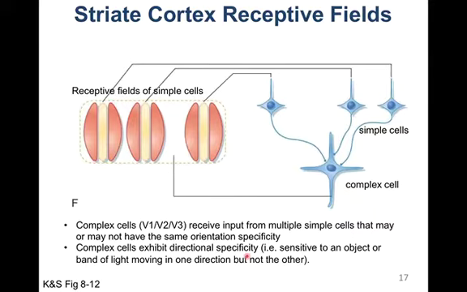So rather than just a horizontal bar of light, a horizontal bar of light moving to the left, compared with a horizontal bar of light moving to the right. So a band of light or an object moving in one direction but not the other is often a property of the complex cells. Okay, but if that much makes sense, then you're good.